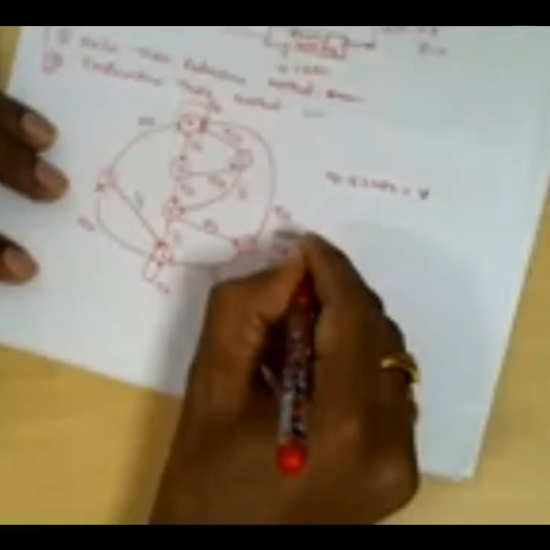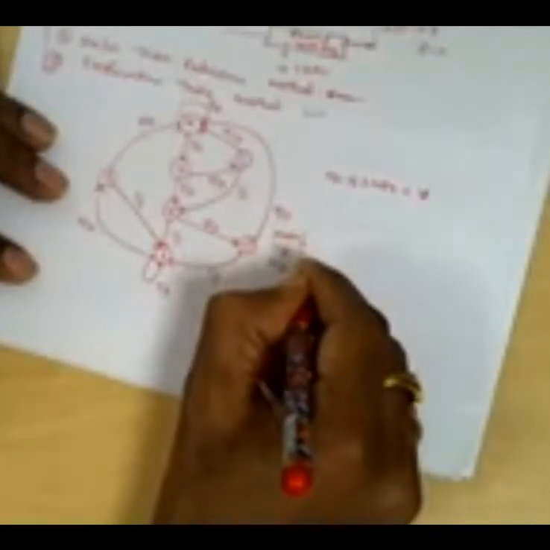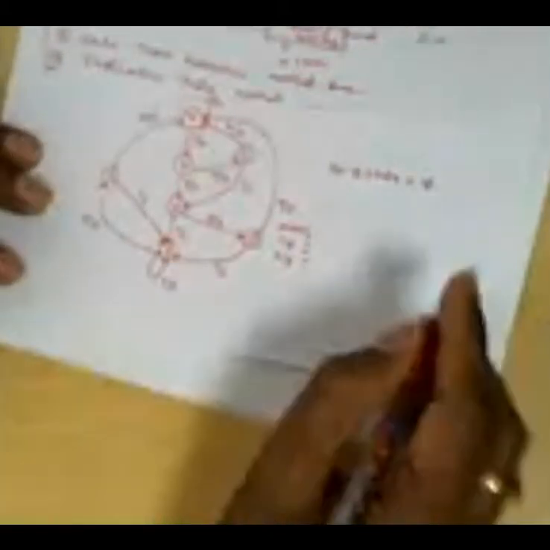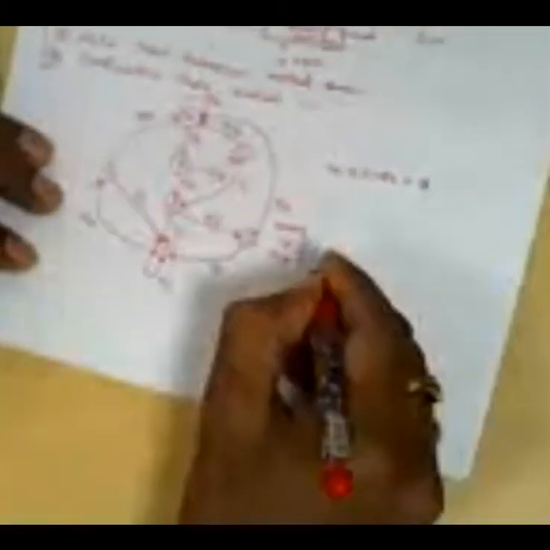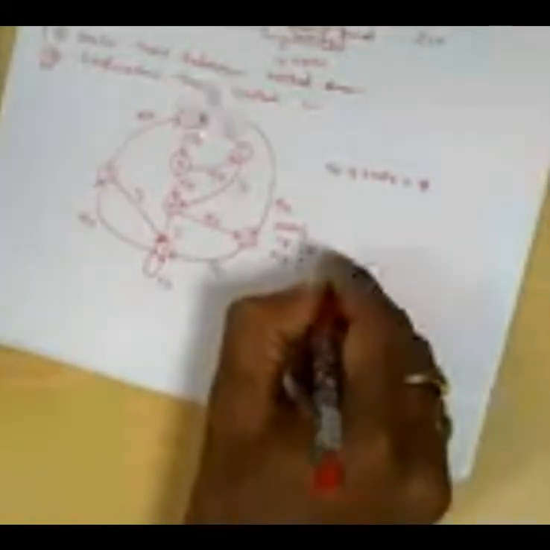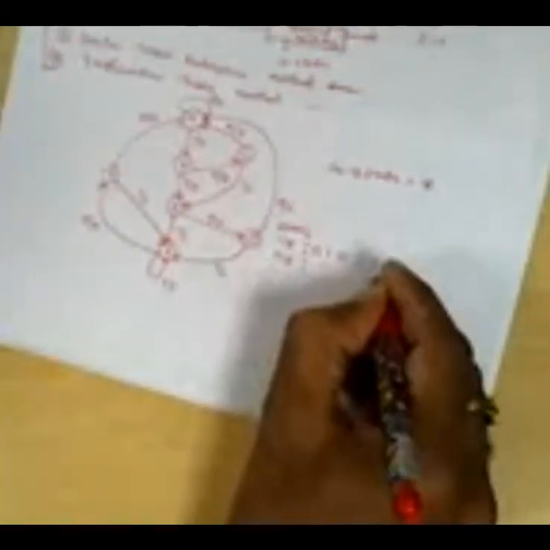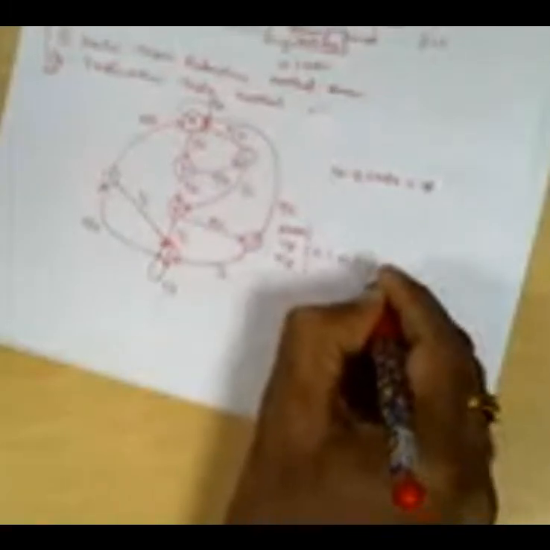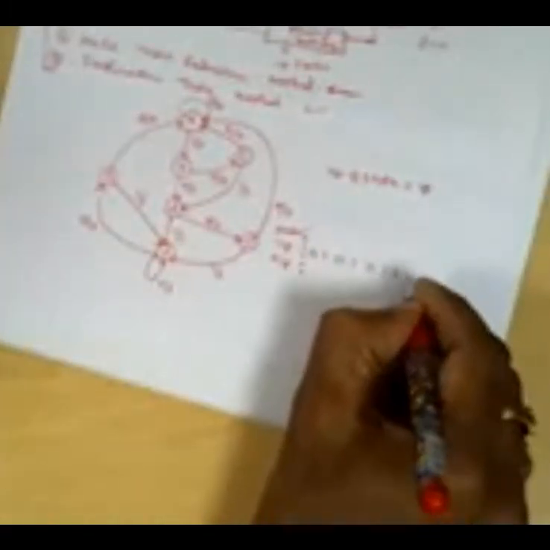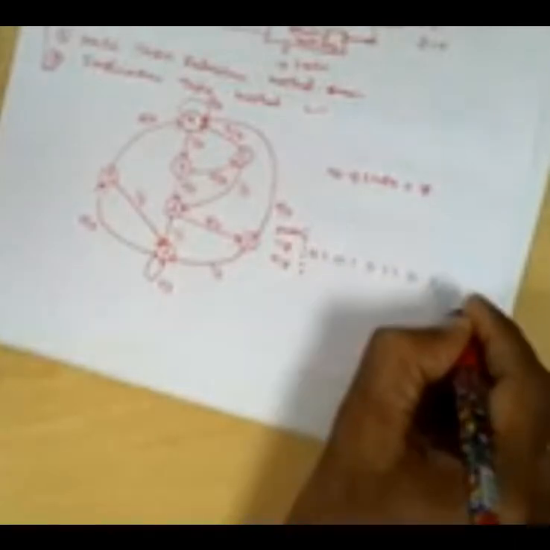Just to verify the result of this state diagram and then simplified state diagram, right? So the input will be 0, 1, 0, 1, 0, 1, 1, 0, 1, 0, 0.